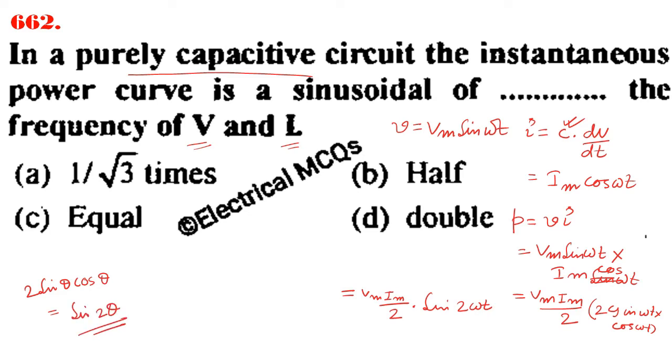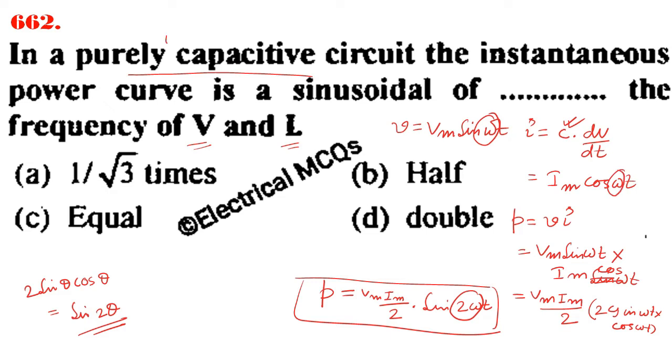That means the instantaneous power is having a frequency twice than that of the frequency of voltage and the current for a purely capacitive circuit. So here option D is the correct answer. Now we will go for the next question.